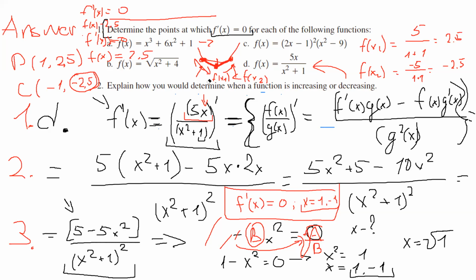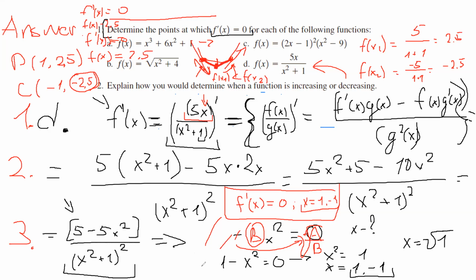But that's what we want to see. We find these critical points, take two values to the left and right, and look at the sign of the derivative. If the derivative is positive, the function is growing. If the derivative is negative, the function is decreasing. Okay.